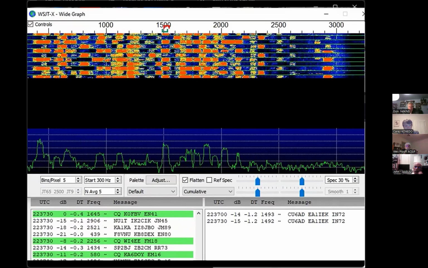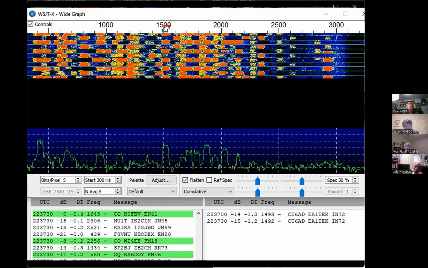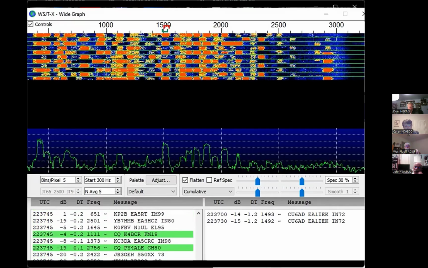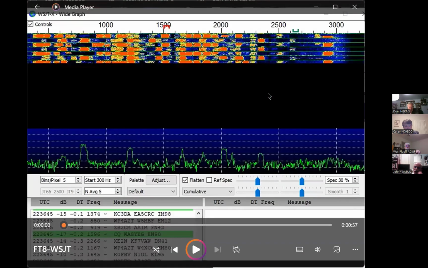Now this one's going much slower. This is several minutes top to bottom. But for the purpose you want to use it, which is to tune, where you see the dark or light blue areas, that's where there is nobody transmitting. That's how you hunt for a slot where you can transmit.